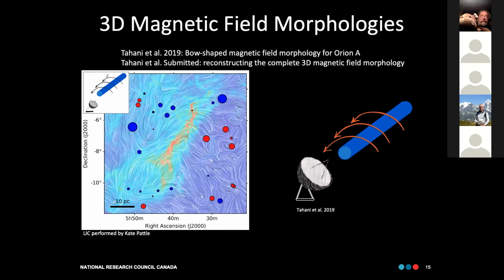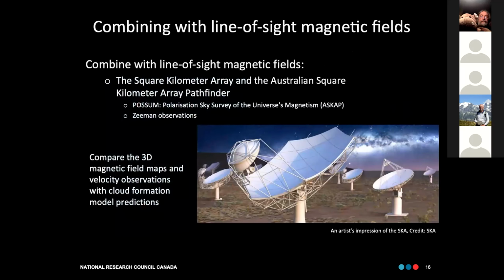And that would be possible with the Zeeman measurements and rotation measure observations that will be made available by the Square Kilometre Array and the Australian Square Kilometre Array Pathfinder.